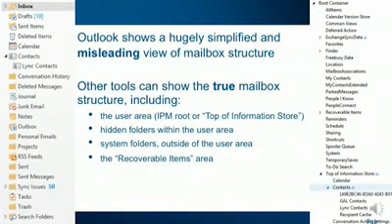If you're familiar with older versions of Exchange, this is what used to be called the dumpster. If you go to delete an item in Outlook, it will first be moved to the recoverable items area before being completely removed from the mailbox. It allows users to sort of undelete items, a bit like the recycle bin in Windows, for a period of time before they're fully deleted.